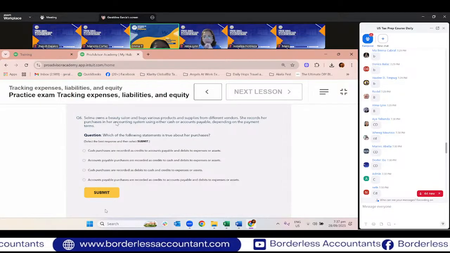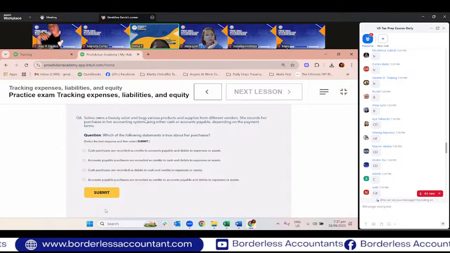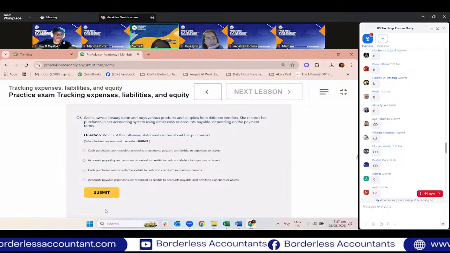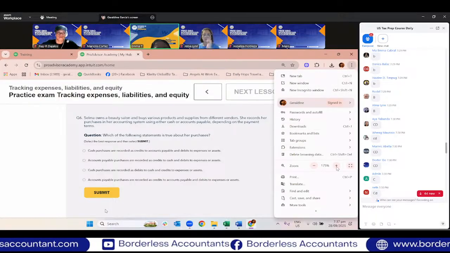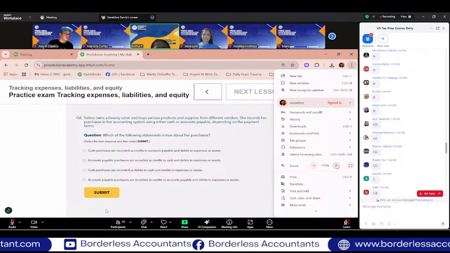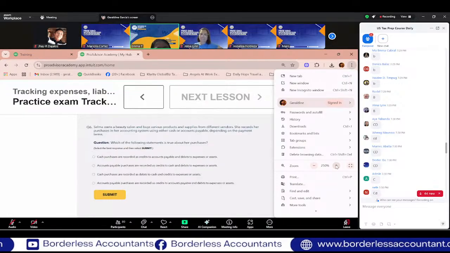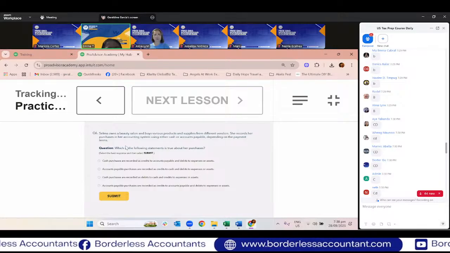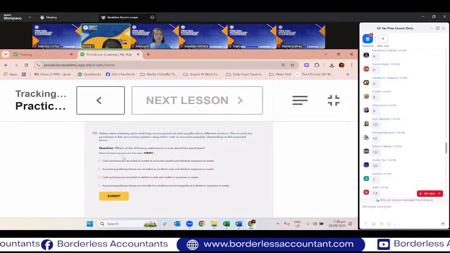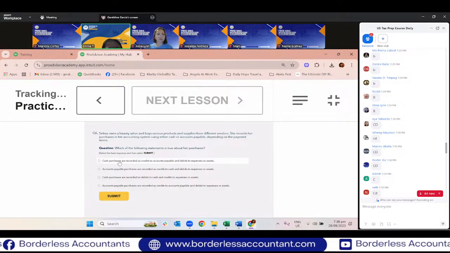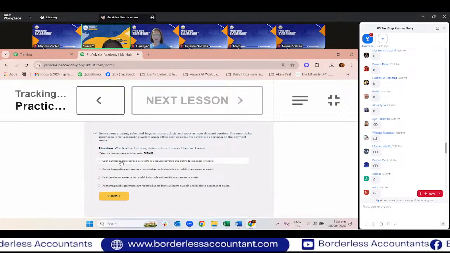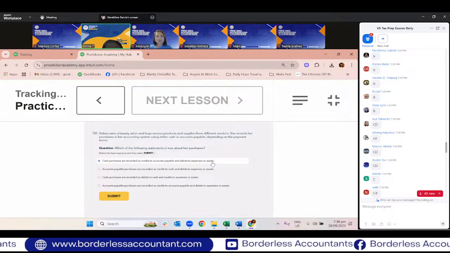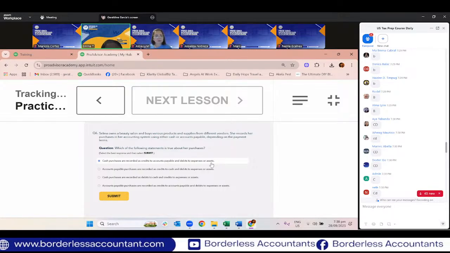Question number 6. Selma owns a beauty salon and buys various products and supplies from different vendors. She records her purchases in her accounting system using either cash or accounts payable depending on the payment terms. Question: which of the following statements are true about the purchases? A, purchases are recorded as credits to accounts payable and debits to expense or assets.